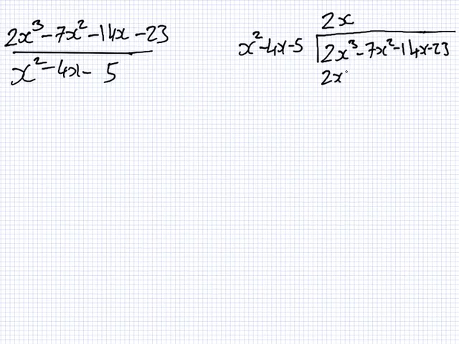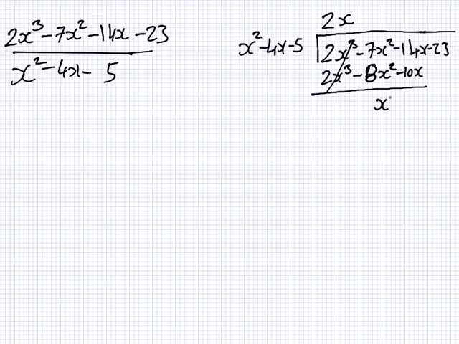That's 2x cubed minus 8x squared minus 10x. Cancel, you're left with x squared minus 4x minus 23. So that's a plus 1, x squared minus 4x minus 5, minus 18.